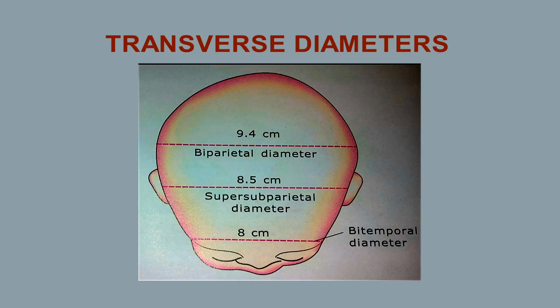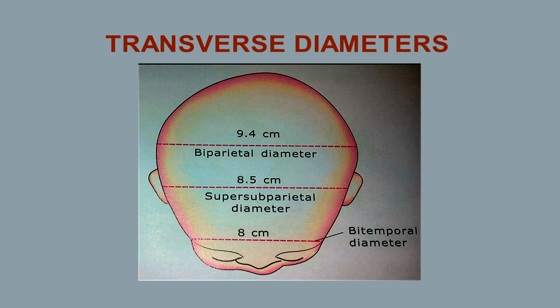Here we will see about the transverse diameters. The first one is biparietal, that is 9.4 centimeter. It is the largest transverse diameter in all cephalic presentations. The head is said to be engaged when the biparietal diameter has passed through the pelvic brim. It extends between the two parietal bosses.